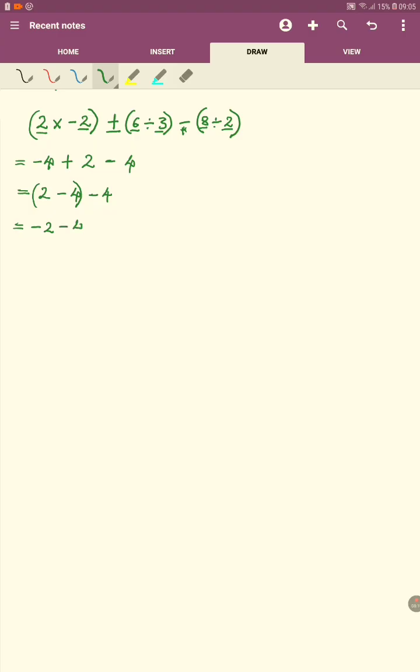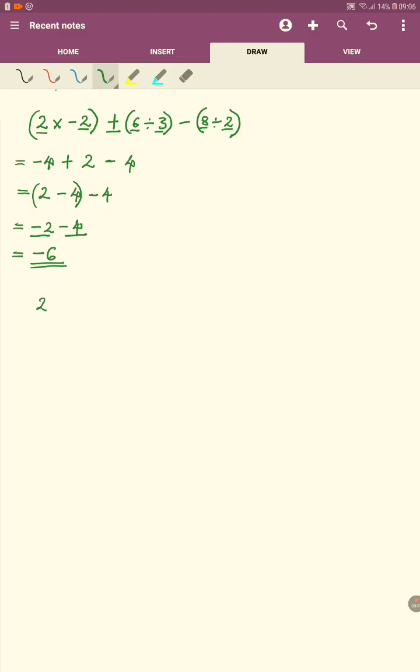Then you say minus 4, then minus 2 minus 4, you get your answer is minus 6. Don't forget to continue using the number line if you get stuck. But as time goes on, when you understand how these questions are calculated, you're not going to need the number line anymore, because you can do it from the head. So I'm going to look at another example.